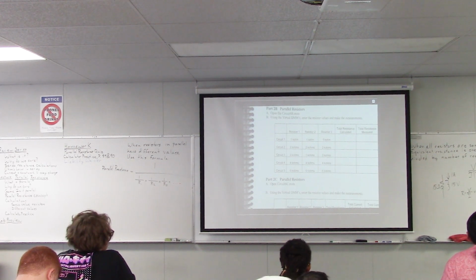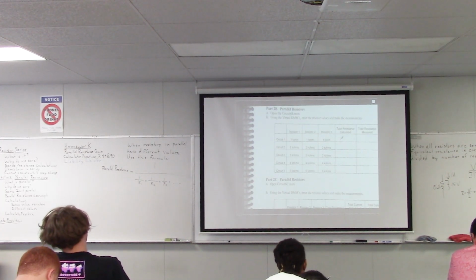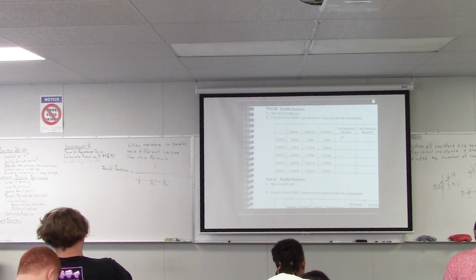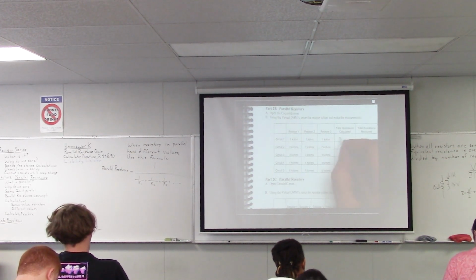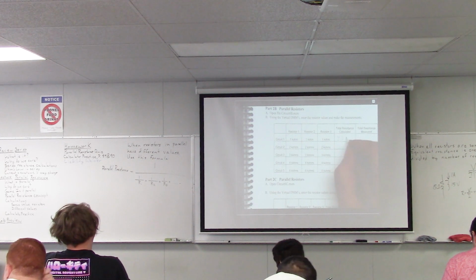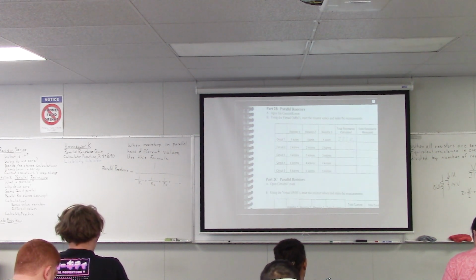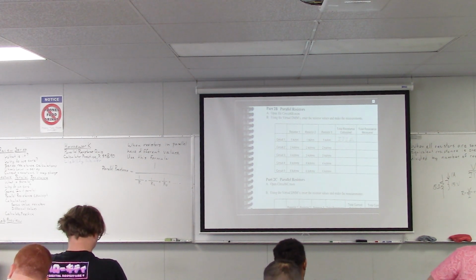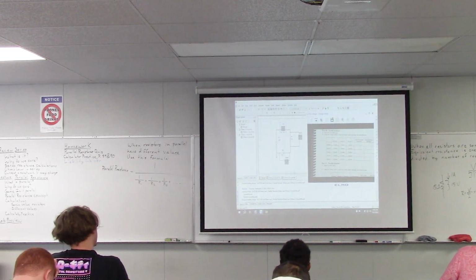Yeah, about 333 ohms. Since they're all the same value, we can just divide 1,000 by how many there are, so 1,000 over 3 gives us about 333 ohms. So we would write down the calculated resistance, 333 ohms, and then we can use Multisim to measure that and check our calculation.